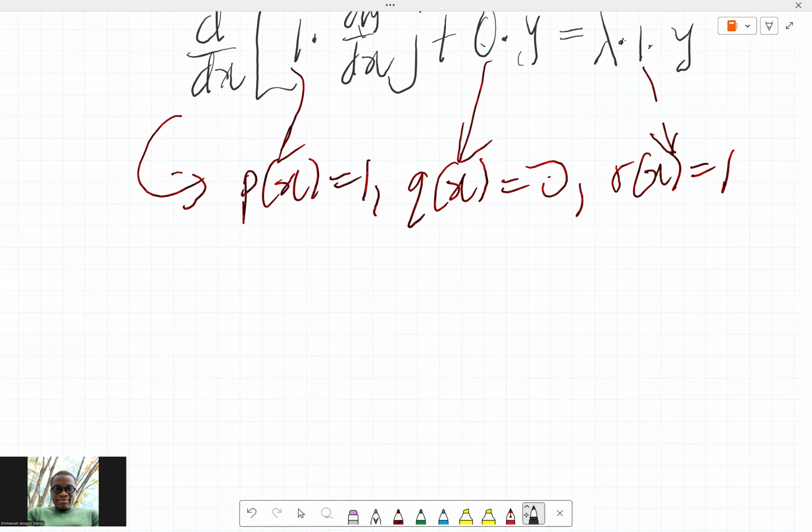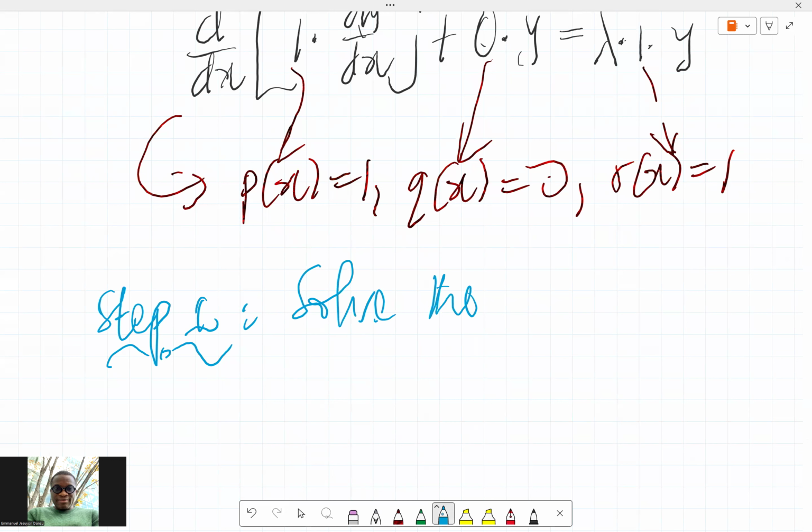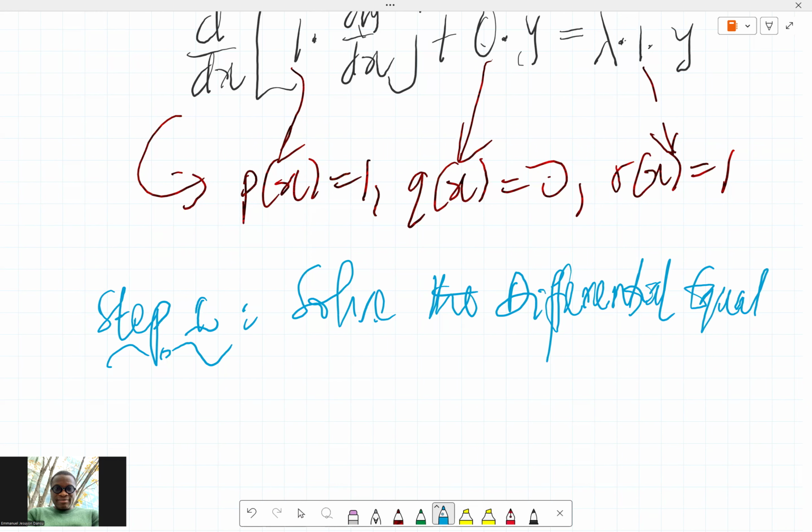So first, step 1, solve the differential equation.